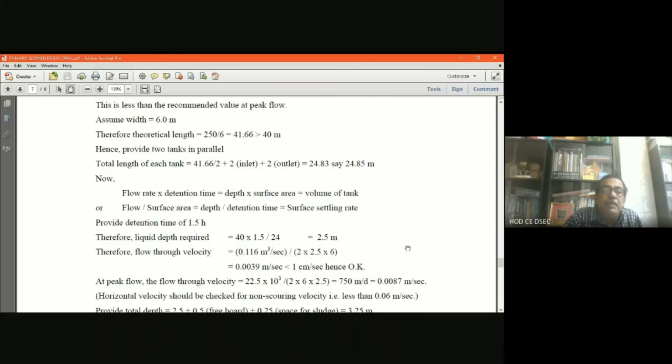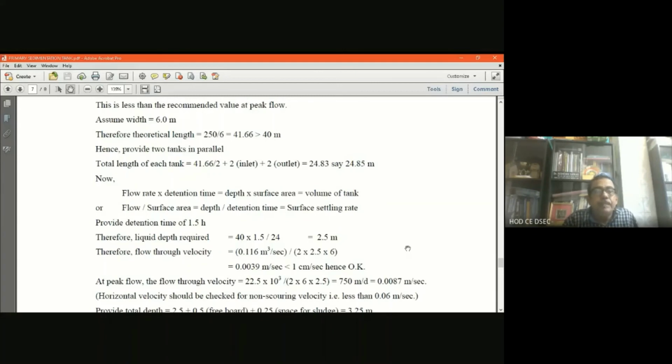Surface area means the settling is perpendicular to the surface, so when we divide the flow by plan area, we get the vertical velocity, that is the settling velocity, which is distance divided by time, meaning depth divided by time. So flow by surface area is the same as depth by detention time, which is nothing but the settling velocity.